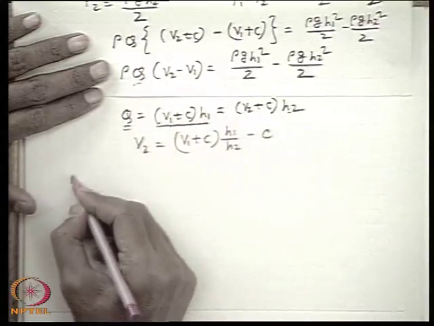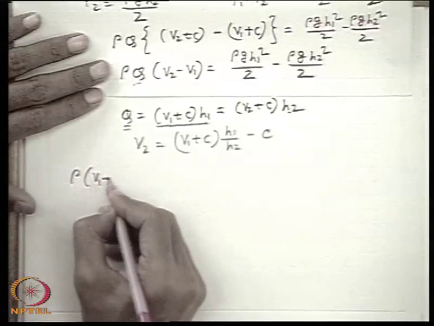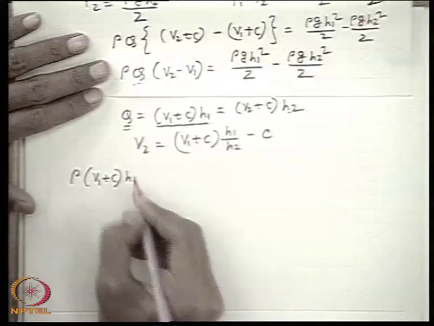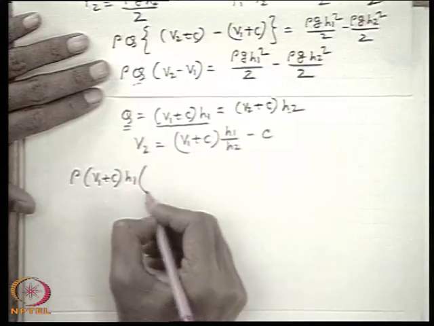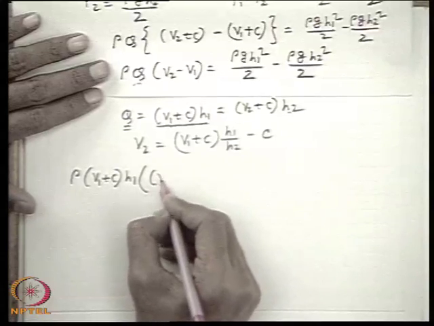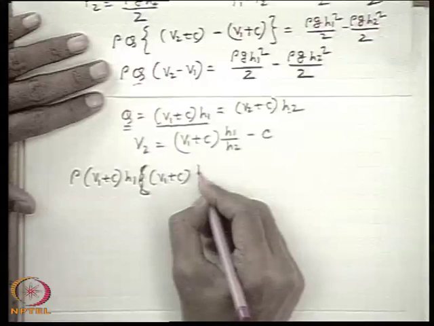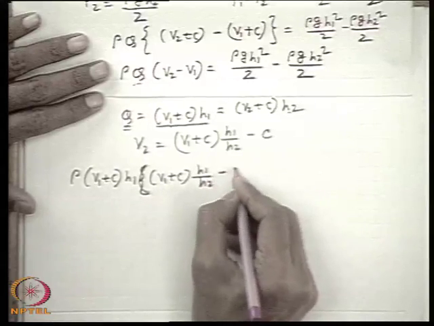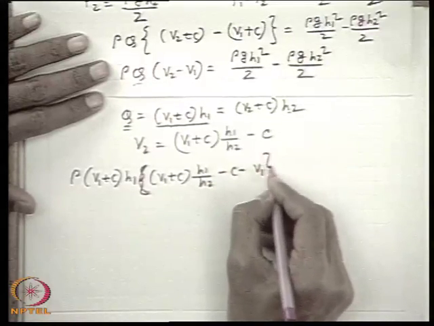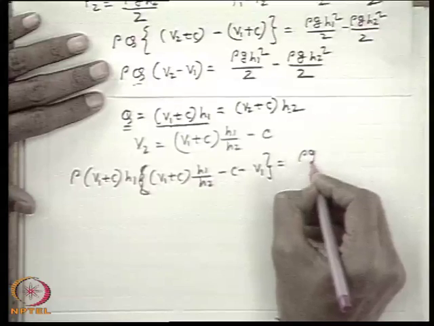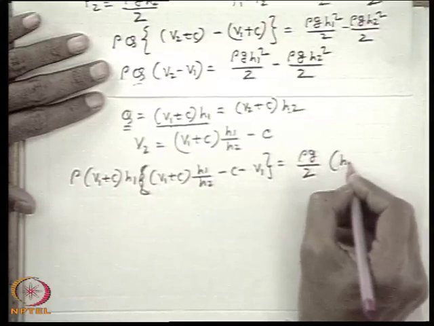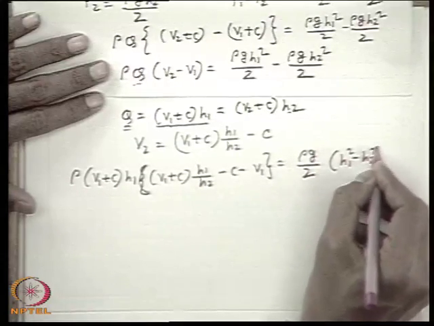Then we get rho into (V1 plus C) into h1 into (V2 minus V1). What is V2? V2 is (V1 plus C) into h1 by h2 minus C, so minus V1, and that is equal to rho g by 2 (h1 square minus h2 square).